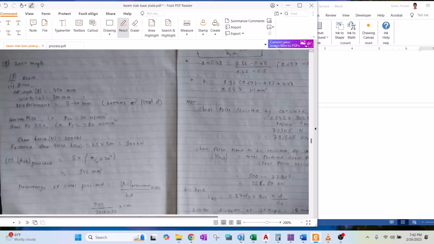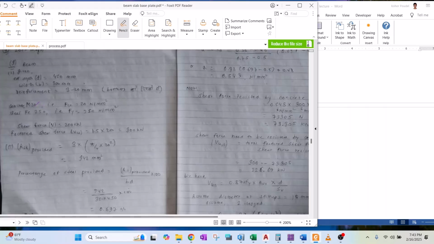So we have the effective depth of 450 mm and the width of the beam is 300 mm, whereas the reinforcement provided at the tension zone, or you can assume the tension is in the bottom, is 3 bars of 20 mm.